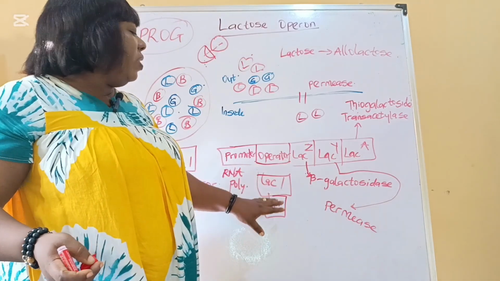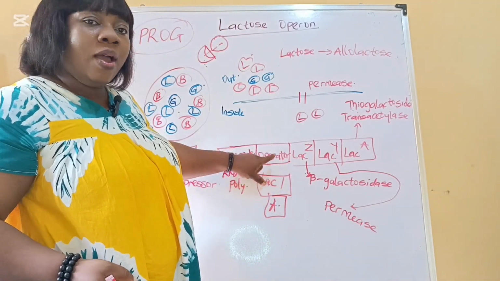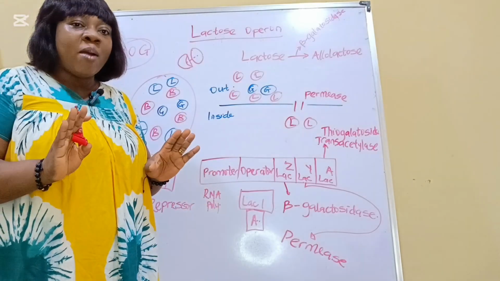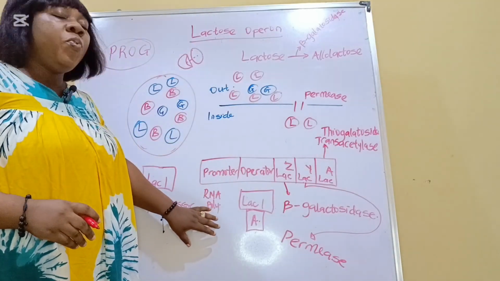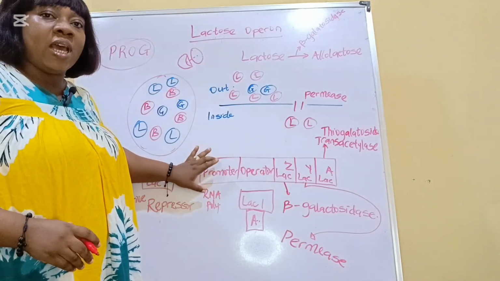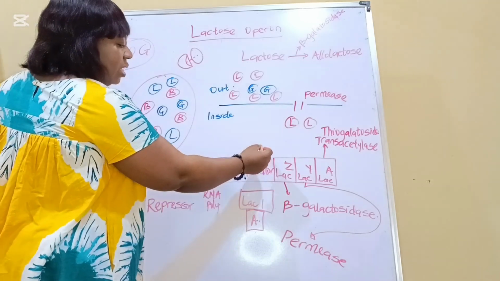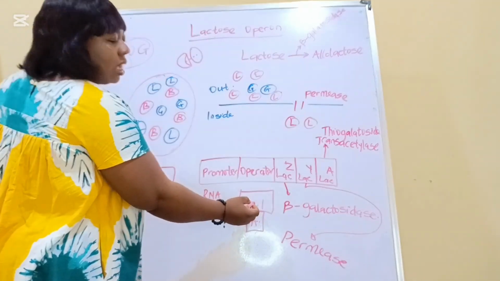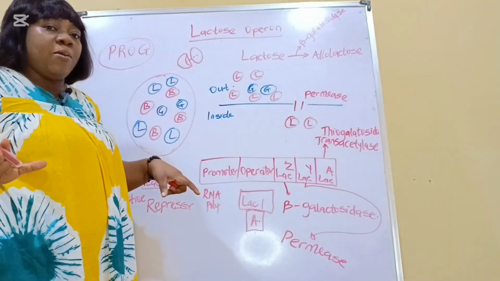Upon dissociation of our active repressor from the operator, RNA polymerase will be able to bind with this promoter and activate it. Also remember that the combination of our promoter with our repressor is just like a gatekeeper.